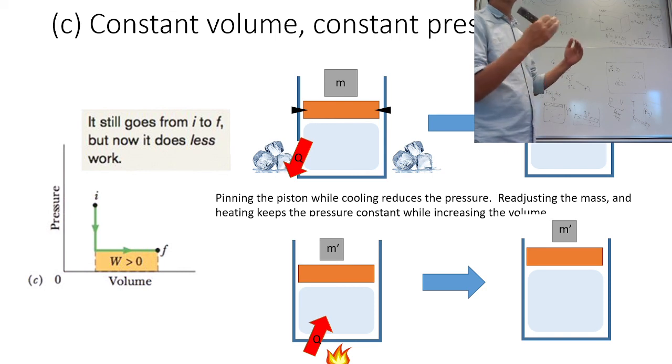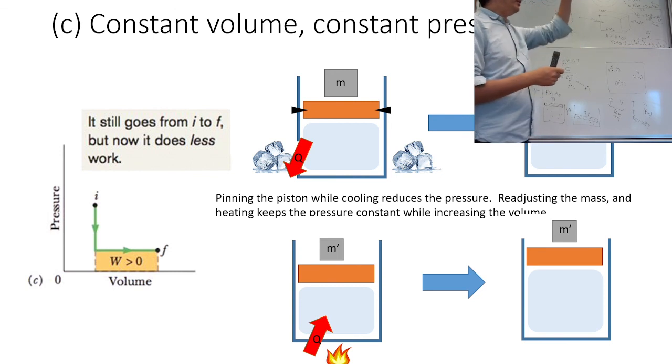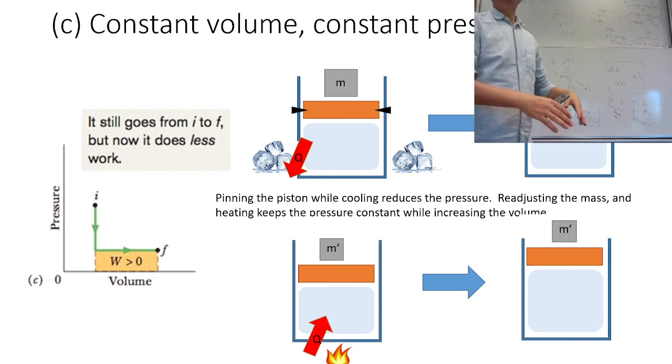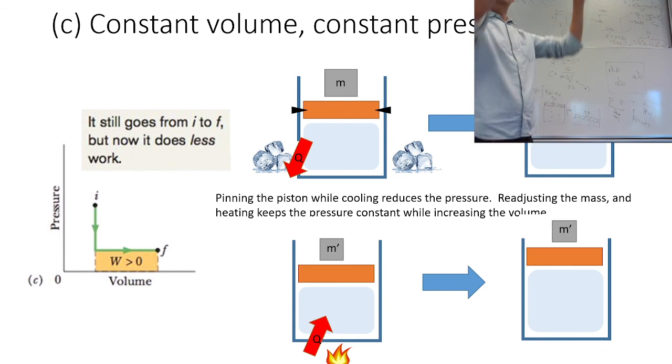Because here I fixed the piston to be some volume, right? Now, if I just let go of the pins, and I don't have the right mass, this thing will either expand or contract to some different volume.